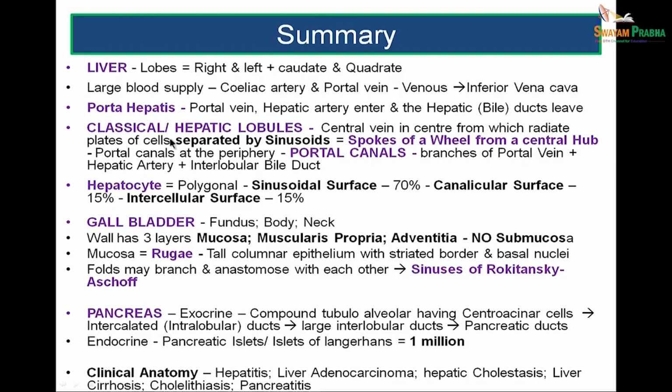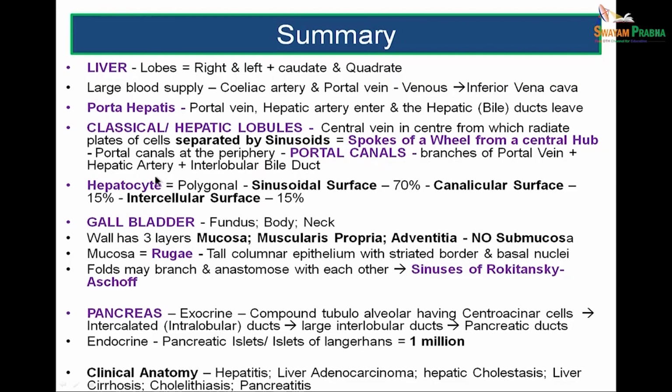We studied a classical hepatic lobule, which is hexagonal shaped, the structural unit of the liver, made up of cords of hepatocytes separated by sinusoids, having a central vein in the center and the cords of cells radiating like spokes of a wheel from a central hub to portal canals at the periphery. Portal canals contain branches of the portal vein, hepatic artery, interlobular bile duct as well as lymphatics and nerve plexuses.